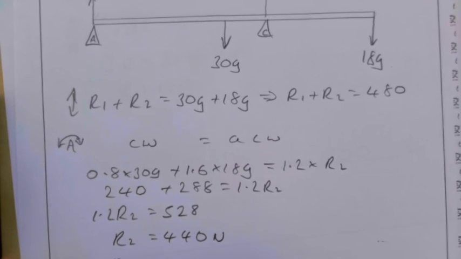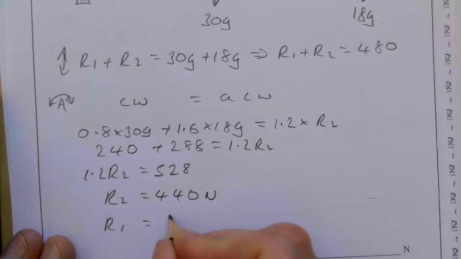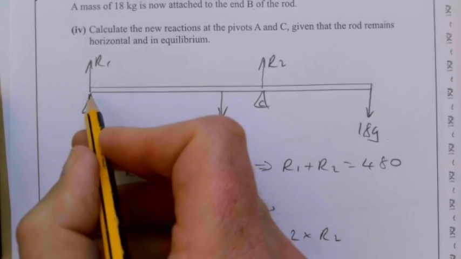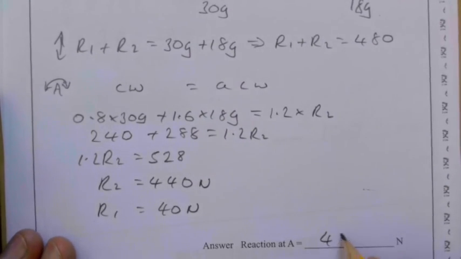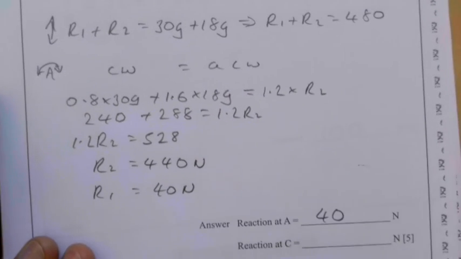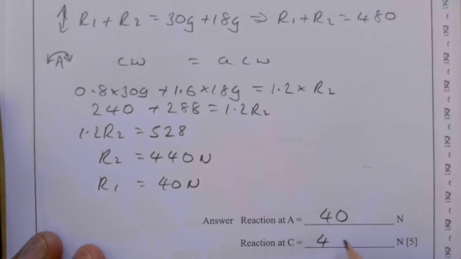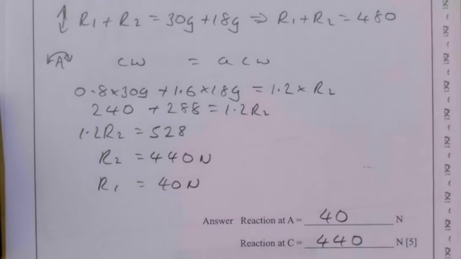That means our R1 is going to be 40 newtons. So my reaction at A is 40 newtons, and my reaction at C is 440 newtons.